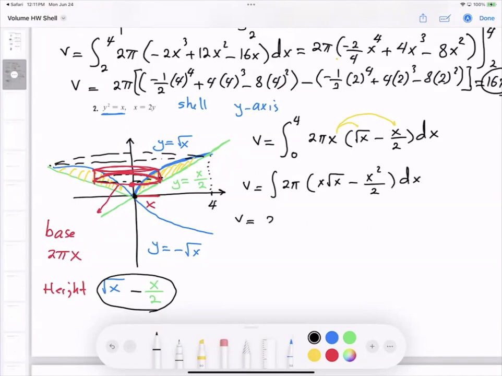So the volume is 2 pi and 0 to 4. Let us not forget that, 0 to 4. And here you have x times x to the power of a half, which is x to the power of 3 halves, minus x squared divided by 2, then dx.